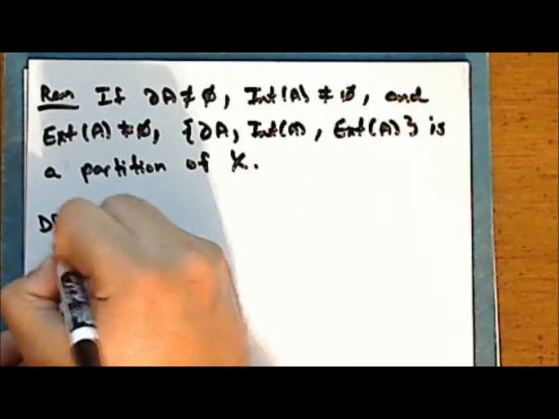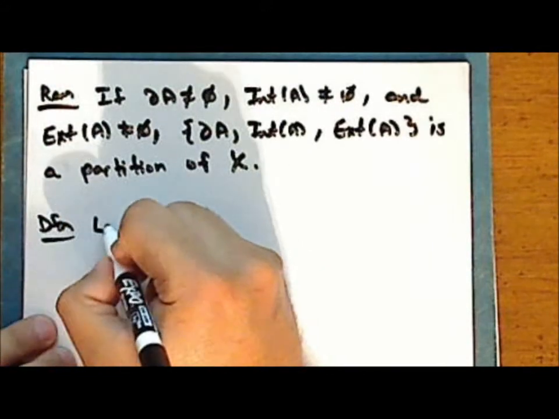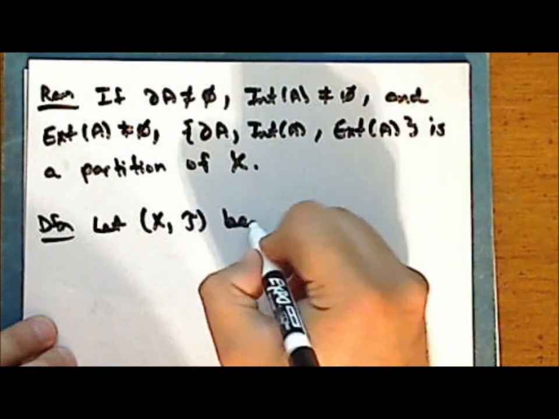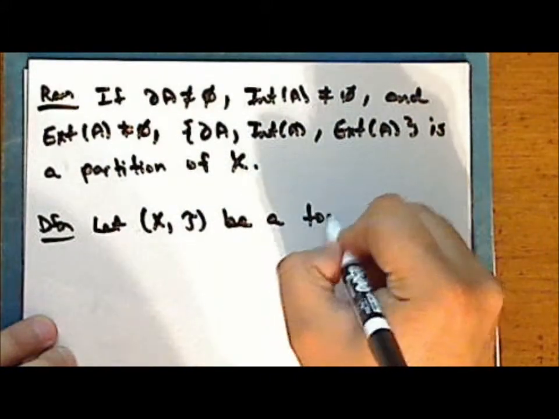Okay, new definition. Again, let the set X together with some topology tau be a topological space.